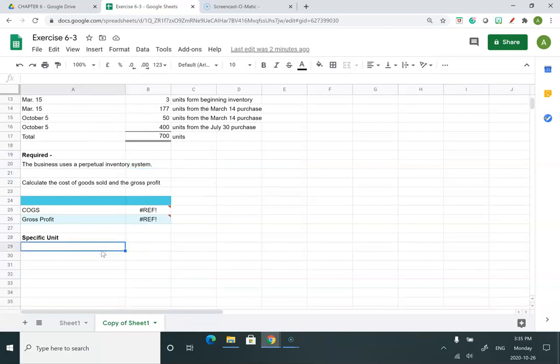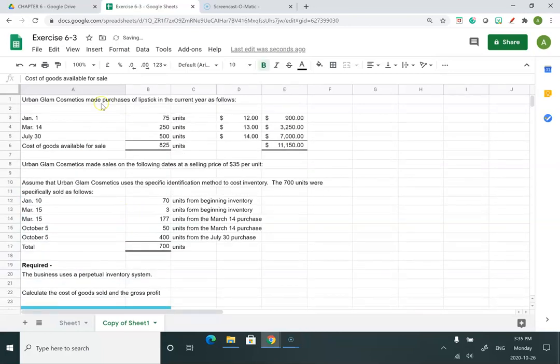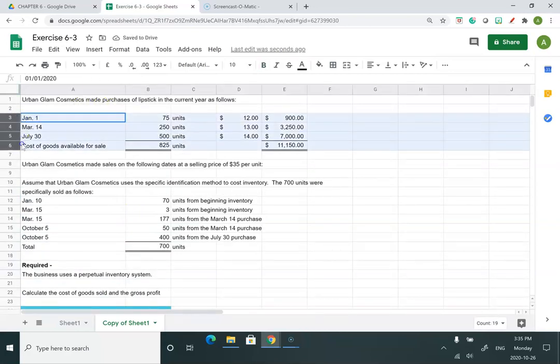So I will use the same setup that I did when I did FIFO. So my first step is to figure out your cost of goods available for sale. And this one already did it for us, so I'm just going to move these items down.